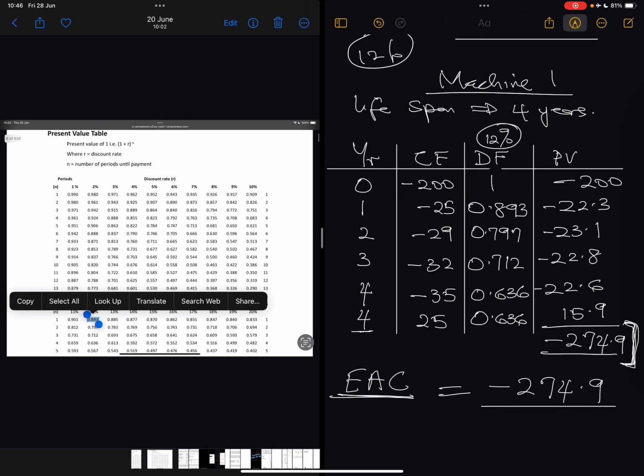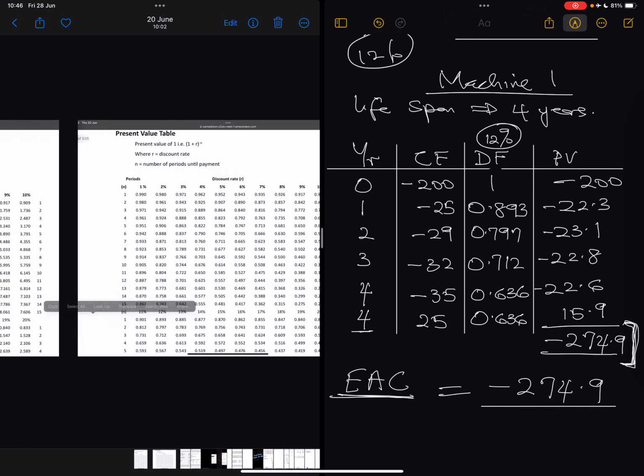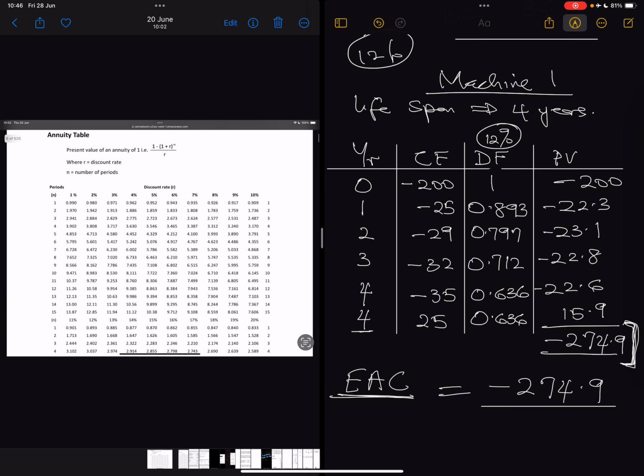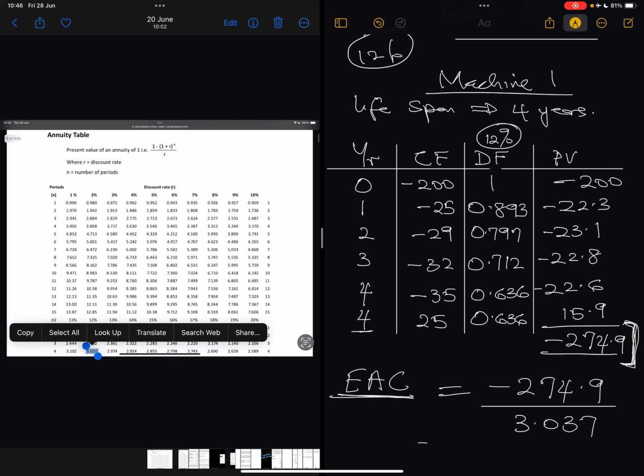So what is the annuity factor at 12% for 4 years? It is 3.037. So if I divide all of that, I have an equivalent annual cost of 90.4. So that's for machine 1.